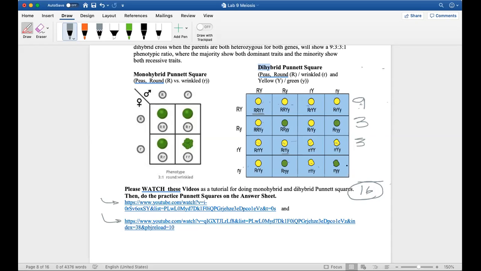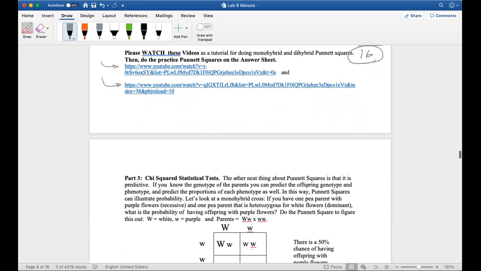Or there's one individual that's recessive for both traits. They are both wrinkled and green. So the phenotypic ratio for this dihybrid cross between two heterozygotes is 9:3:3:1, okay? Now that's gonna be important later on when we're figuring out the next thing.